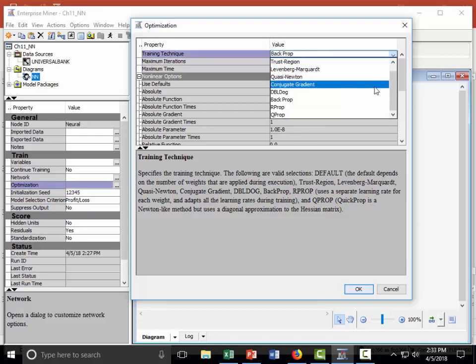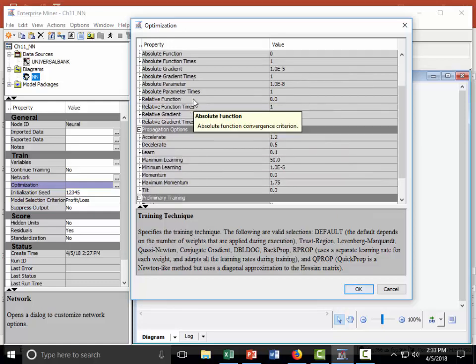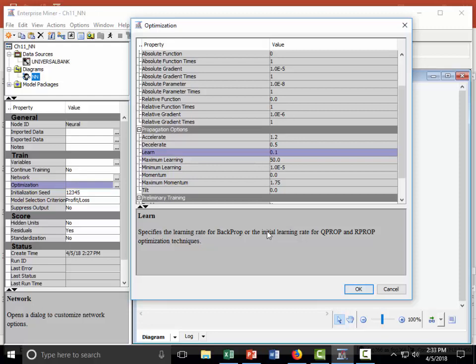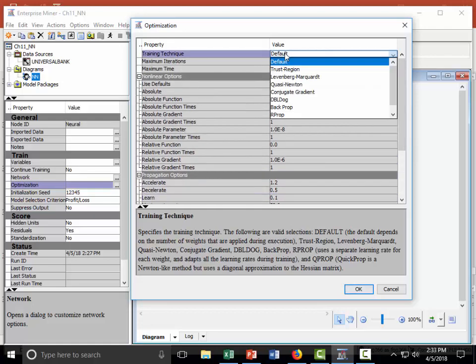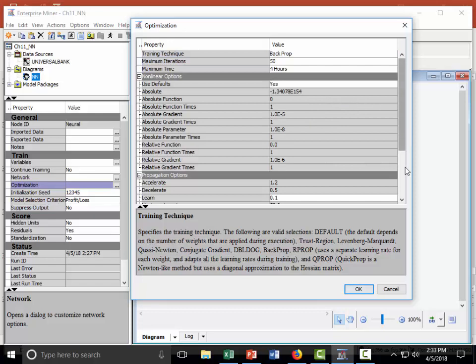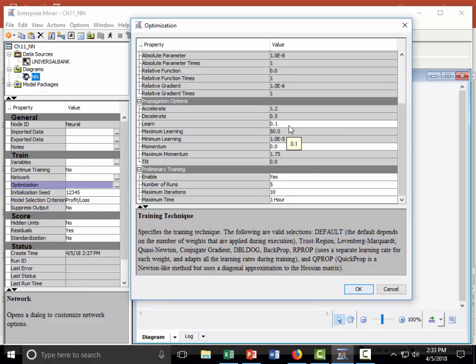Now if you leave it at default, then if you come down here to propagation options, you have the learn rate, your learning factor. The learning factor is grayed out. You can't change it, because it is valid only for backward propagation techniques. So if you use back prop, then your learn rate will be active and you can change it.